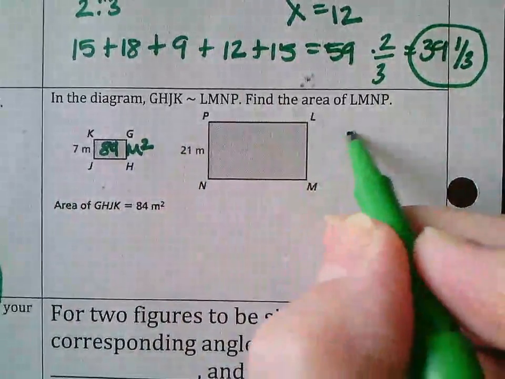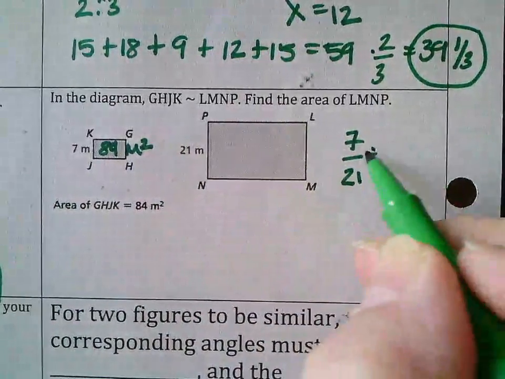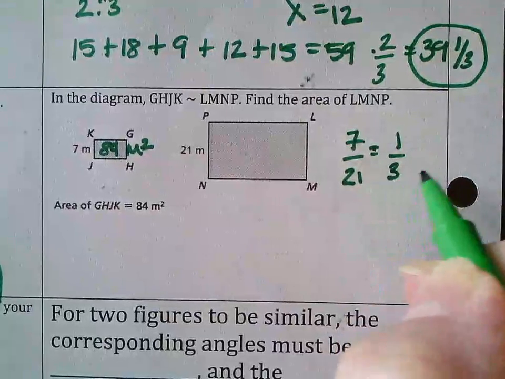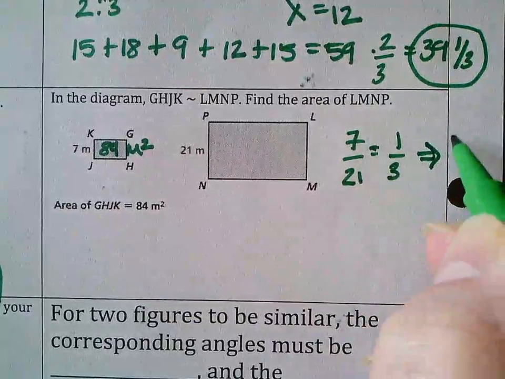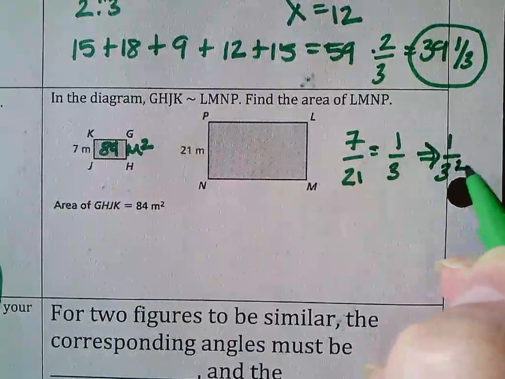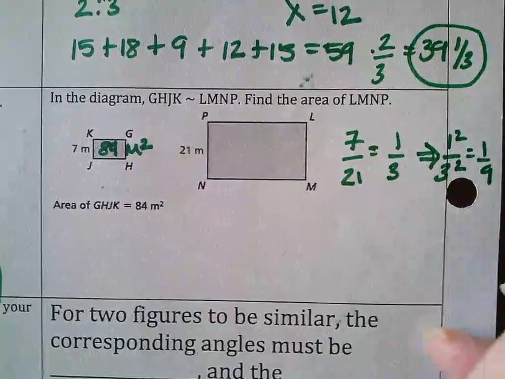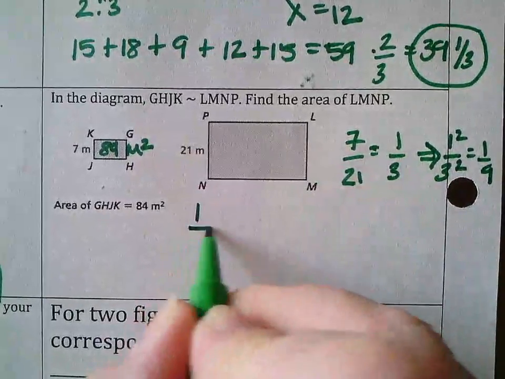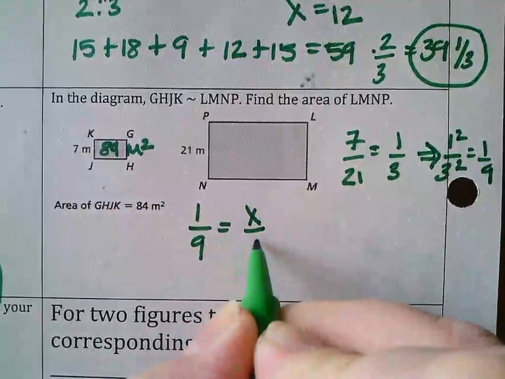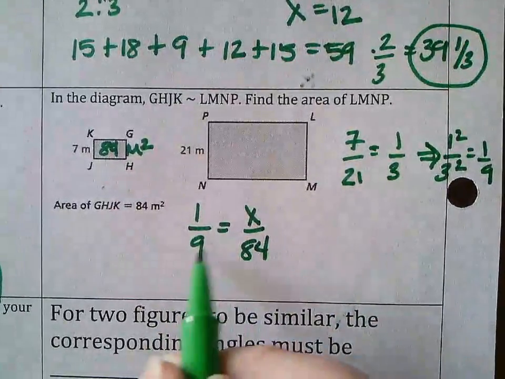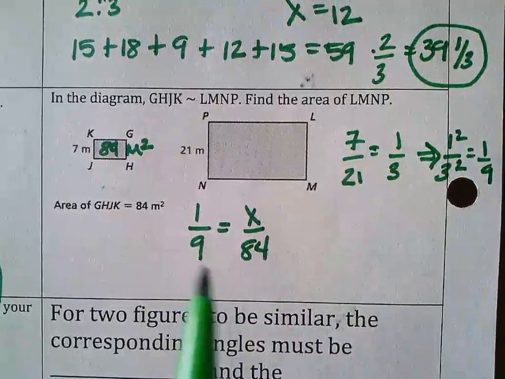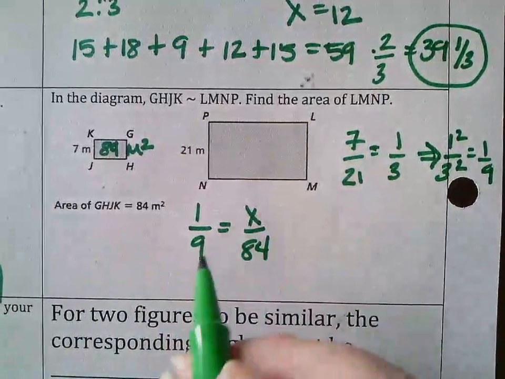So this is 7 over 21, which is equal to 1/3. And if I square it, I get 1/9. That's the ratio I want to use. So 1 over 9 is equal to x over 84. So 9x equals 84. So that equals 7.